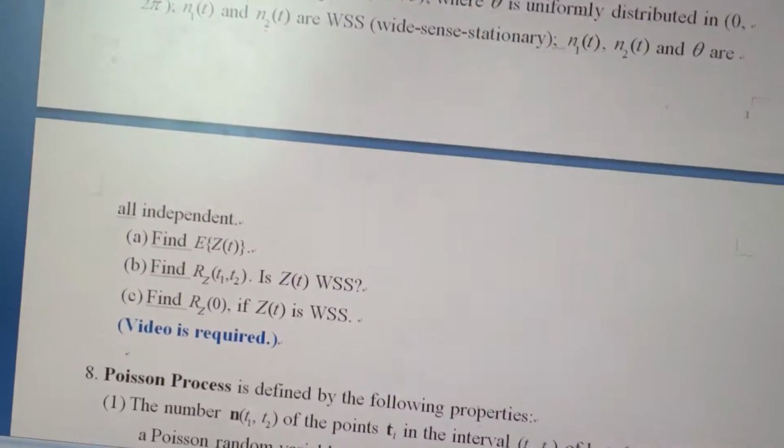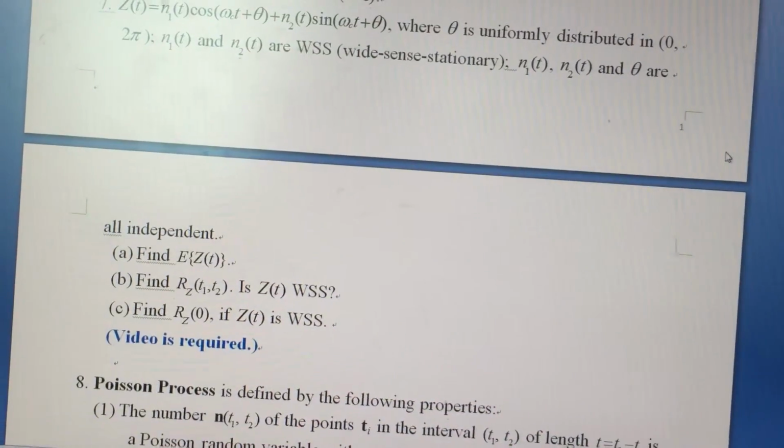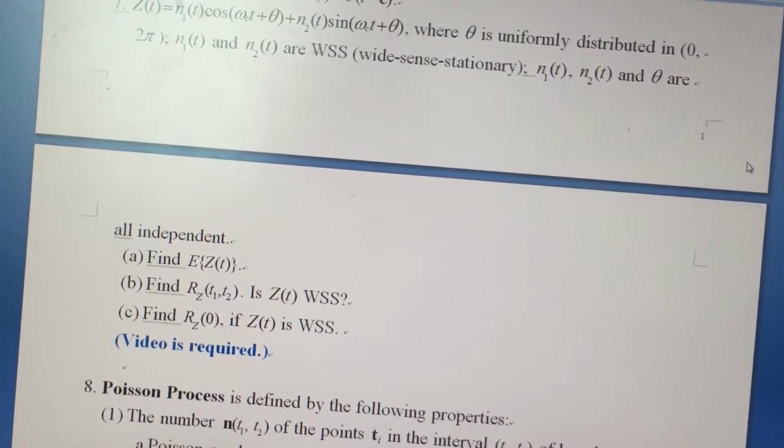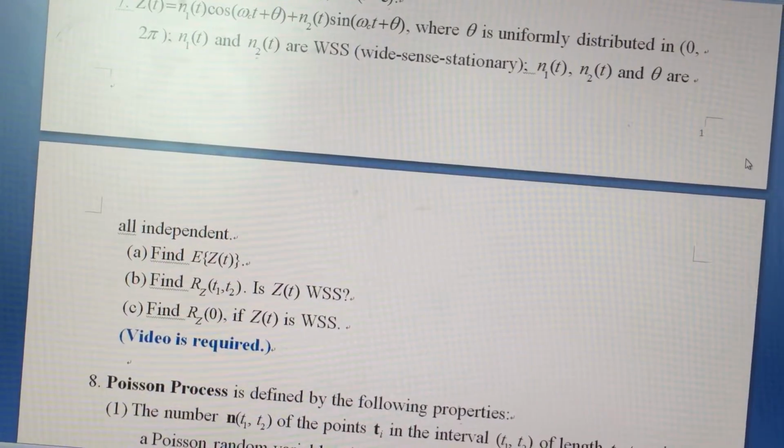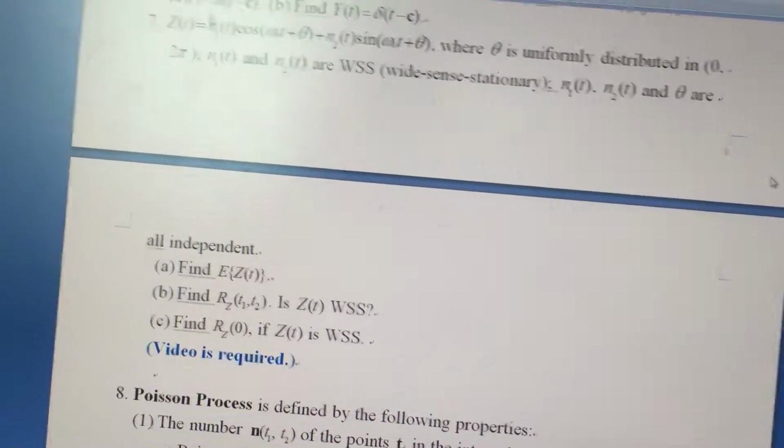For the second question, we need to find R_Z(t1, t2) and figure out if Z(t) is WSS.